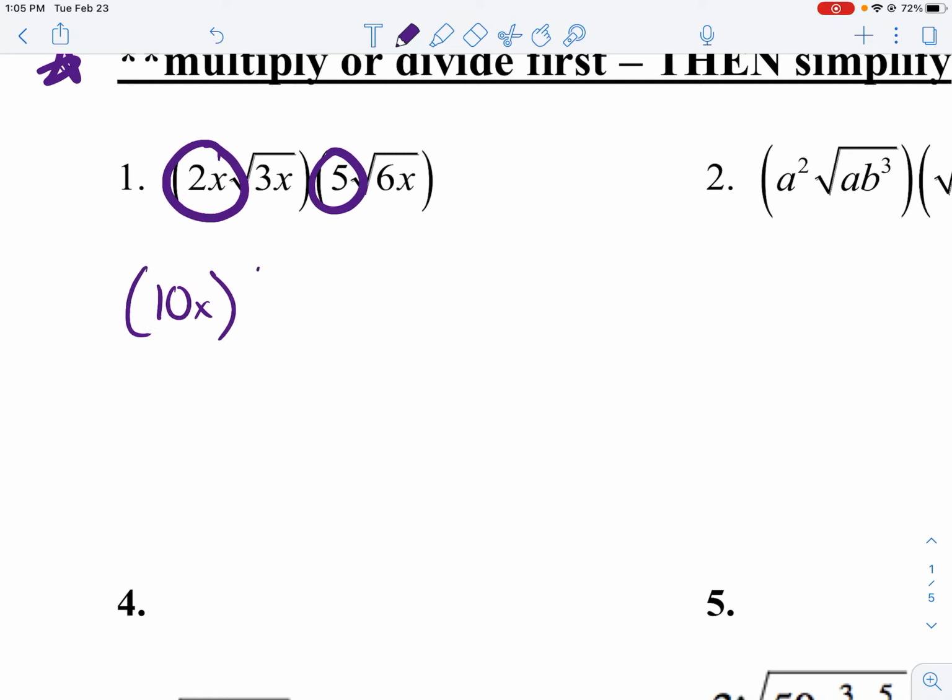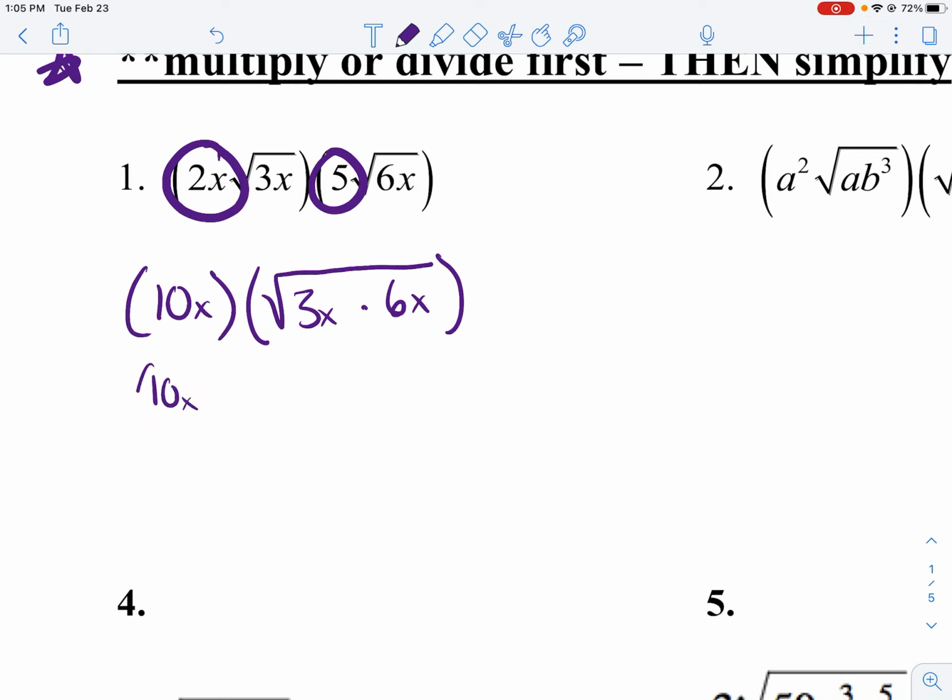Then, using the product property, I put both of these underneath the same radical. I'm kind of using the commutative law here, putting these next to each other, and these next to each other. I'm skipping ahead a little bit, but hopefully that doesn't confuse you. And now we're ready to multiply.